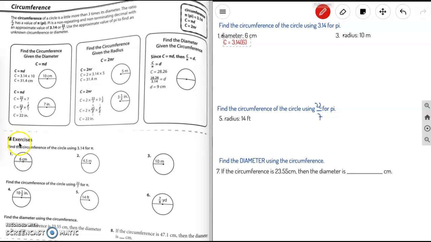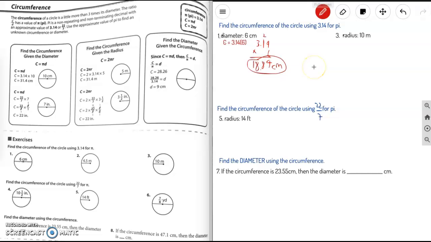So you're going to multiply 3.14 times 6. Where do we put the decimal point? Yeah, hundredths place. Very good. Okay, and what is the unit? Centimeters. And this is our final answer.